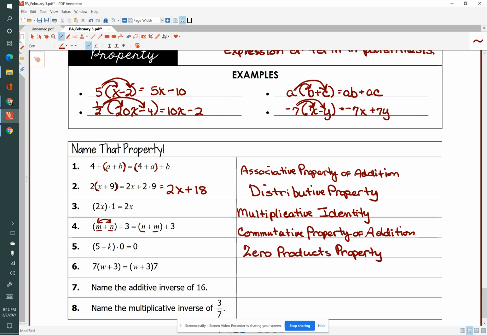In number 6, we have 7 times the quantity of w plus 3, and on the right side of the equation, we have w plus 3 as a quantity multiplied by 7, and that's the commutative property because the 7 traveled, the commutative property, but this time of multiplication.